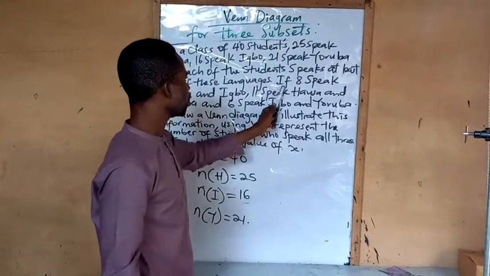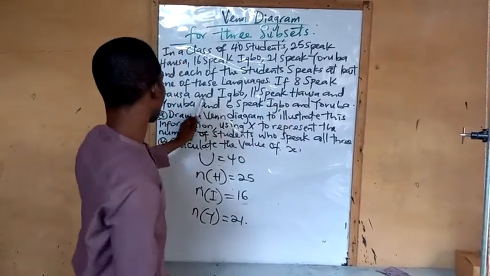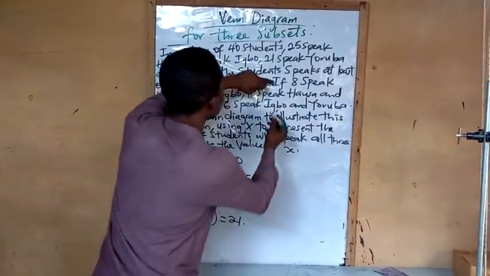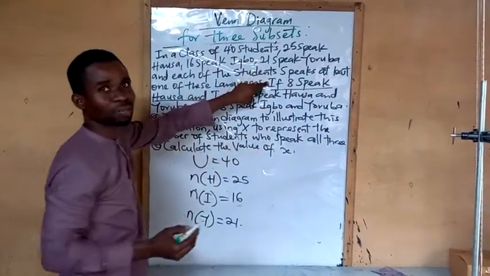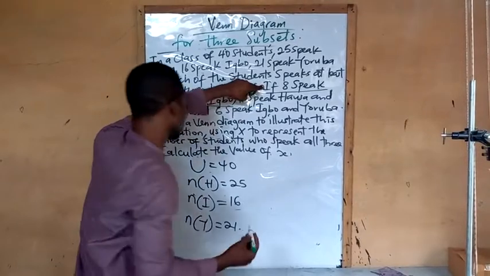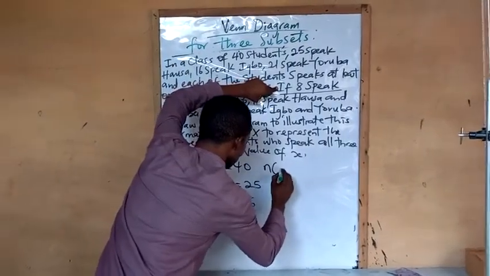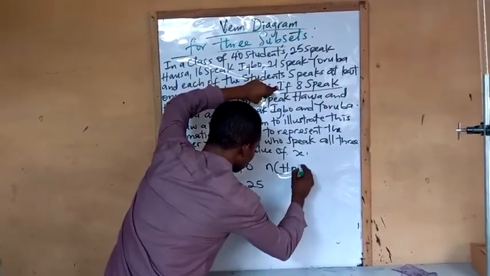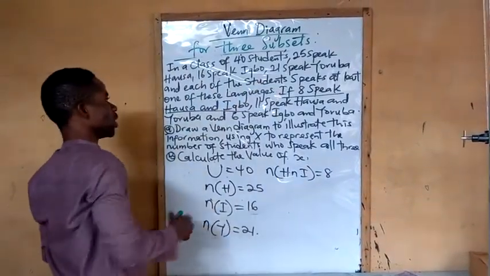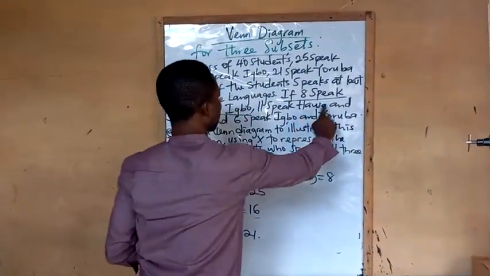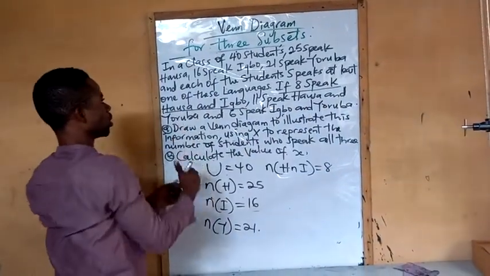Now, if 8 speak Hausa and Igbo, what does that mean? That means the intersection between Hausa and Igbo. If 8 speak Hausa intersection Igbo, that is 8. 11 speak Hausa and Yoruba.